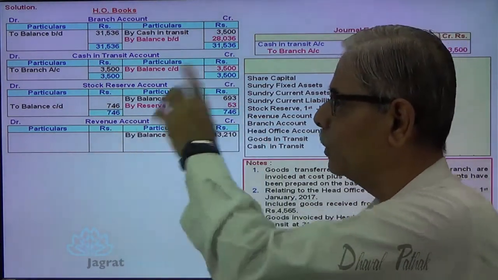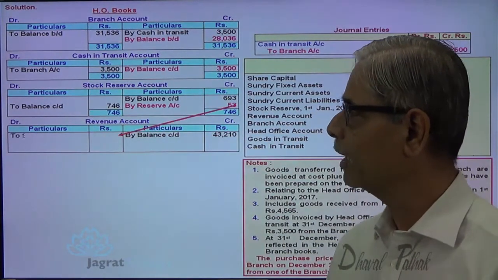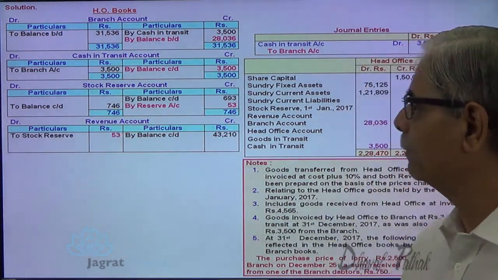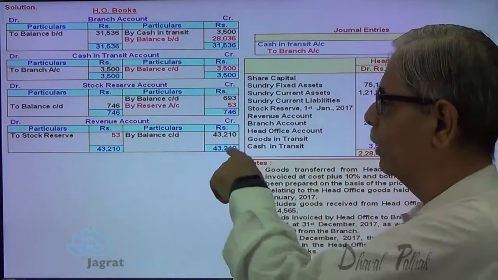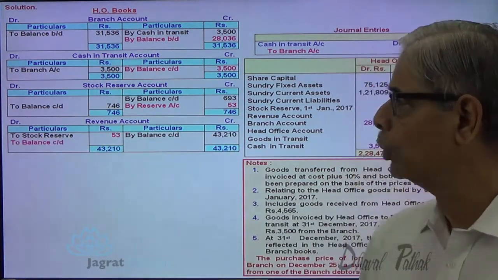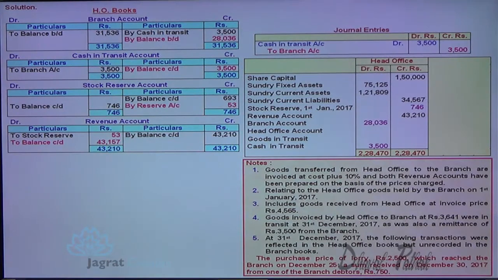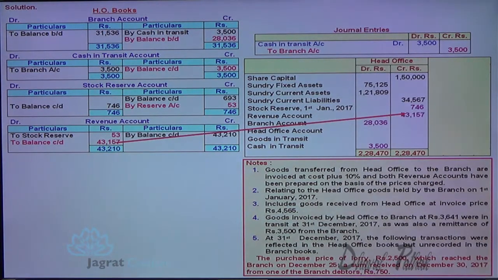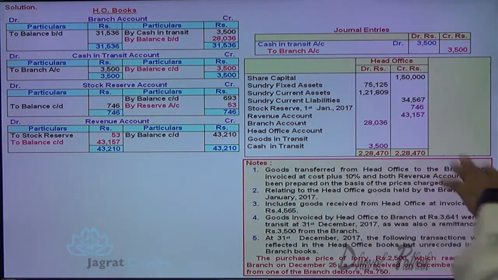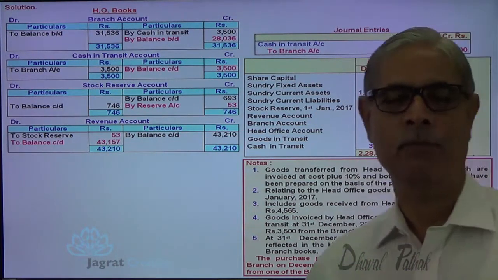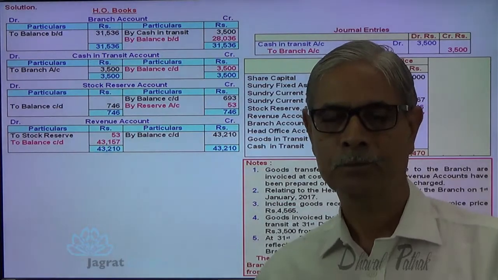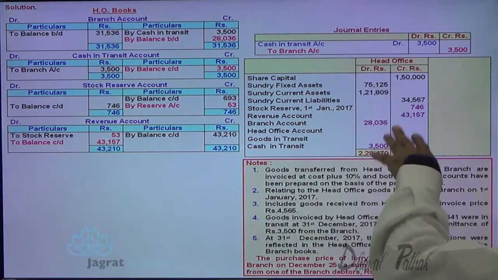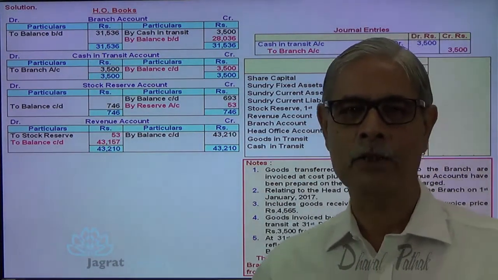This 53 rupees will be debited to the revenue account: revenue account debit, stock reserve account credit. In light of this, the revenue account will be reduced by 53, so the new balance of the revenue account is 43,157. I am going to change this balance. Even after these changes, the total will be 2,28,470, no need to change. So this is how I have amended the trial balance of HO.